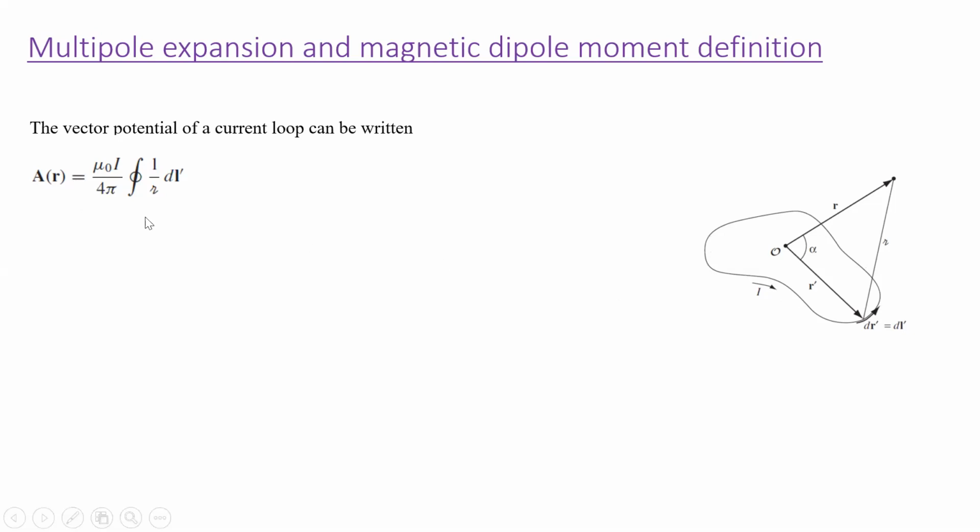So to simplify this and make it more useful, we're going to do an expansion in 1 over the separation vector. Now the separation vector, this is the separation vector between the source point and the field point. It involves the distance from the origin to the field point, the distance to the source point, and the angle between them.